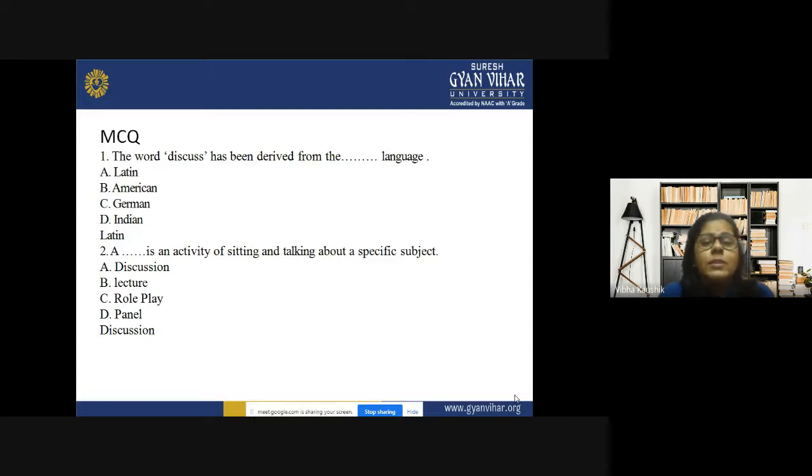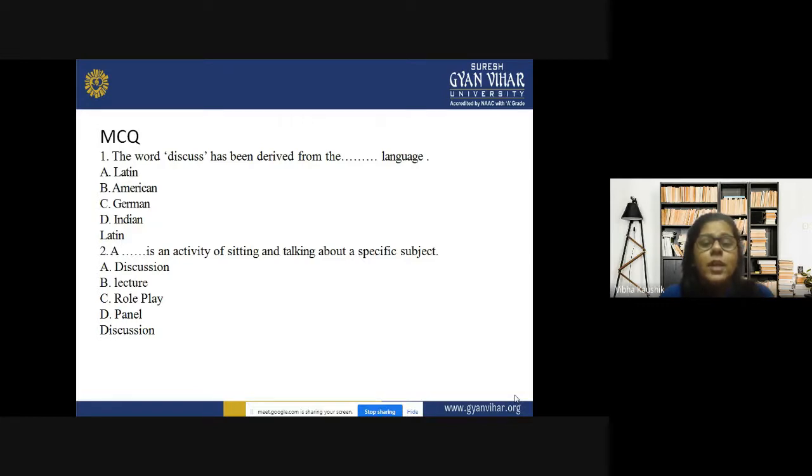The word discuss has been derived from the dash language, from which we have derived the word discuss. From which language has it been derived? Now the options are A Latin, B American, C German, or D Indian. So the correct answer is option A, that it's a Latin language. So the word discuss has been derived from the Latin language.